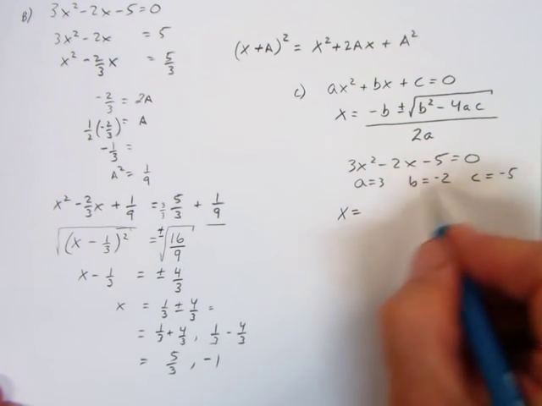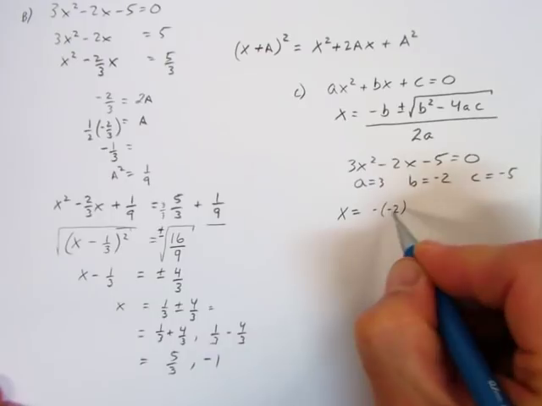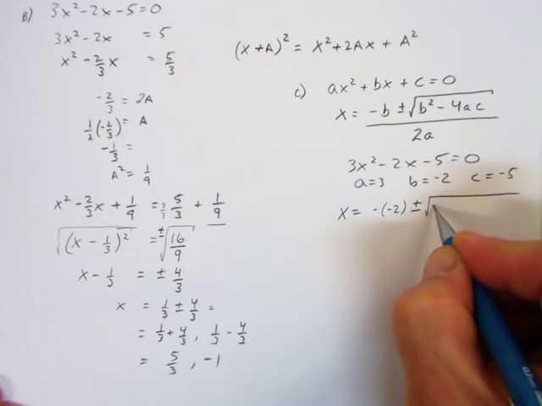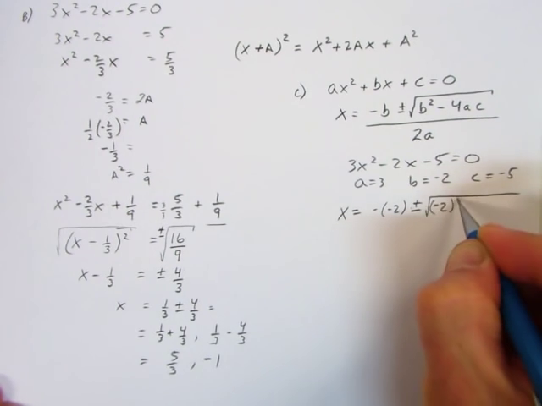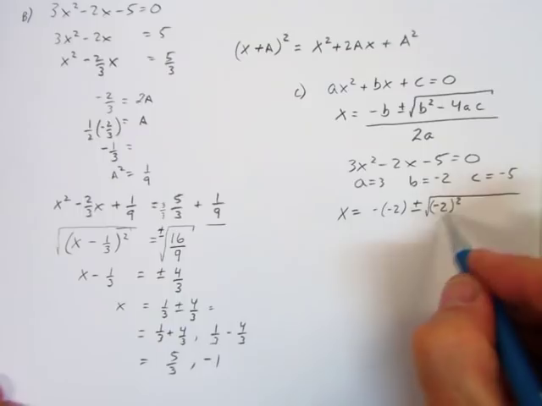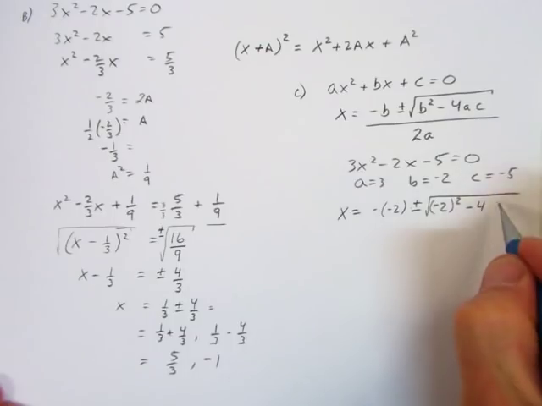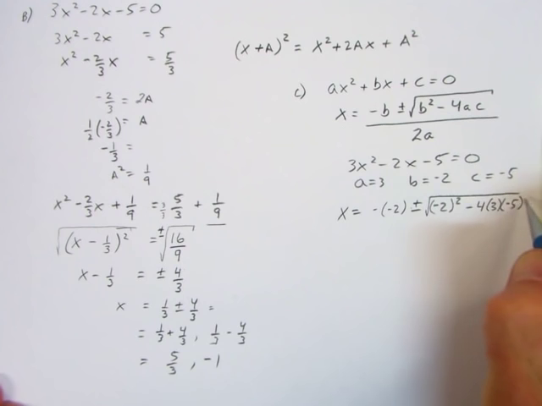So we have negative of negative 2. That'll make it, so it's the opposite of negative 2. That'll make it positive 2. Plus or minus square root of negative 2 squared. If we're writing this as negative 2 squared, we have to put parentheses around that negative 2. Minus 4 times a, which is 3, times c, which is negative 5.